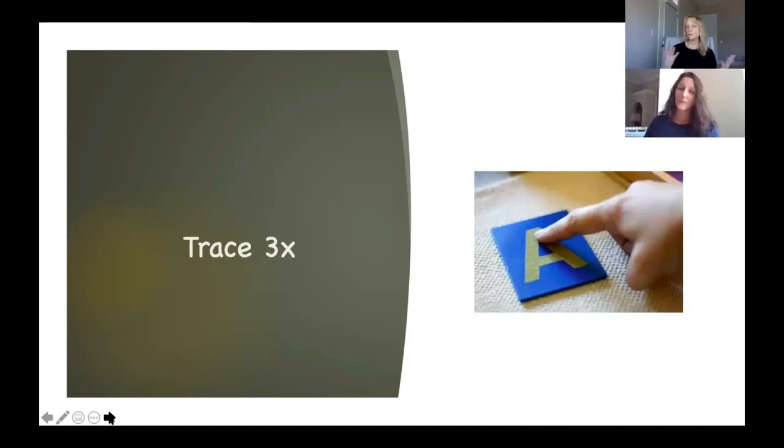You could use a carpet sample. You could use a tray of rice or salt. What do you use with your students, Angela? I make colored rice, and that seems to be the favorite among everyone. You just put it on a tray? Yeah, I do a whole bunch of different colors, make rainbow rice and put it in a tray, and they just love it.